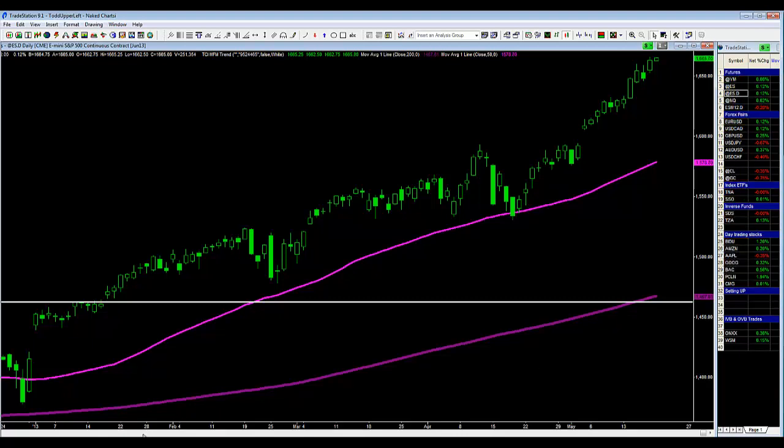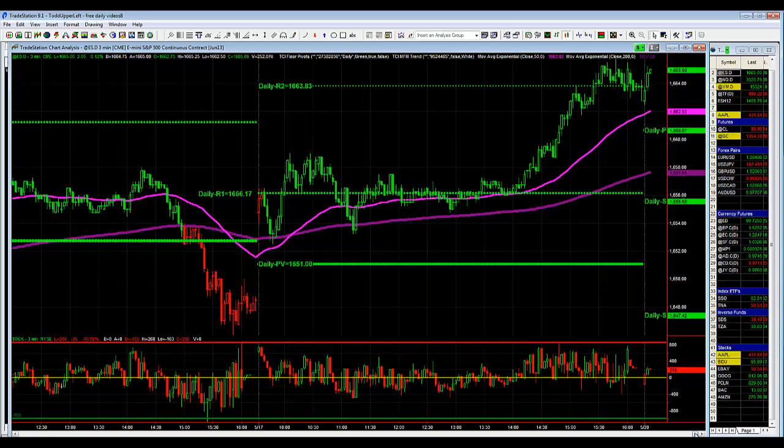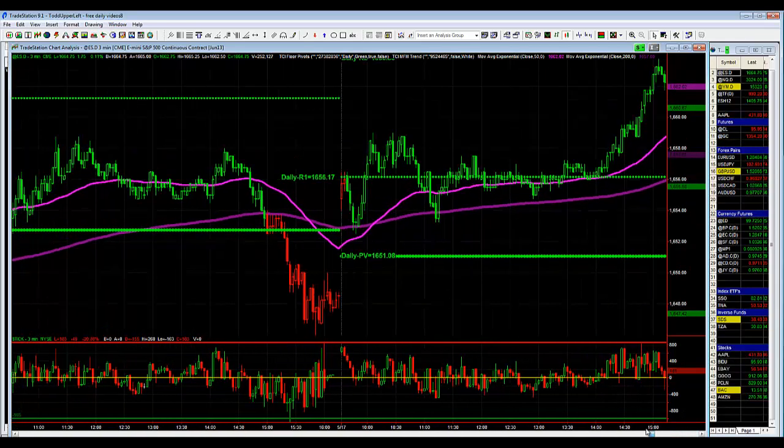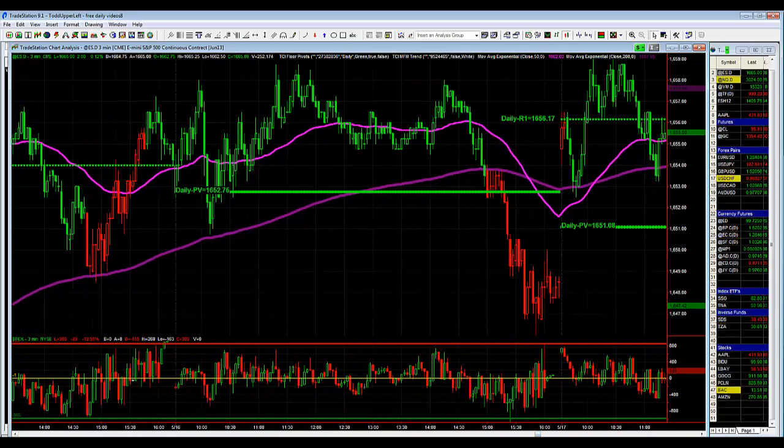And again, I want to just reiterate what I've shown you 2 days straight now. This is a great pattern for those of you that day trade. Heck, even if you don't day trade, you can take advantage of these patterns off of any time frame, any market. This is just classic, okay?